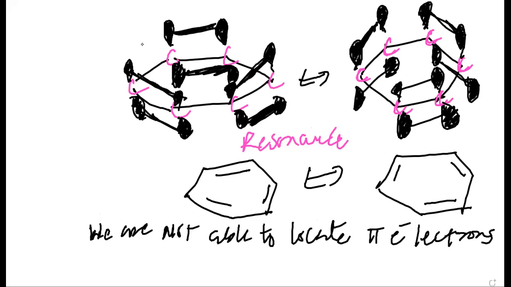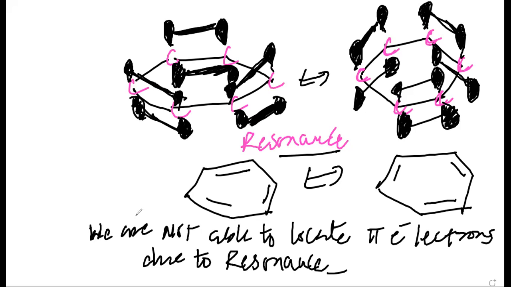So due to resonance, we are not able to locate this pi electron or double bond, and that is why we can say that pi electrons are delocalized.